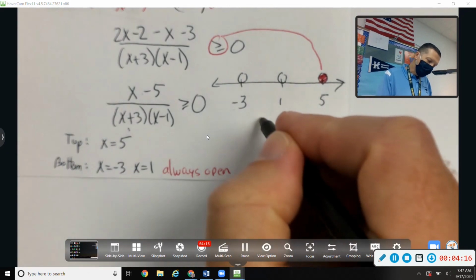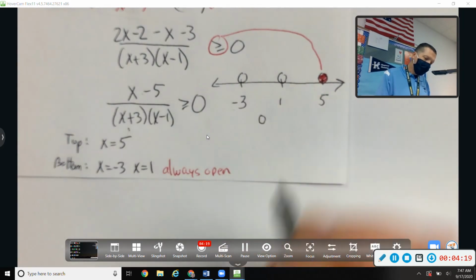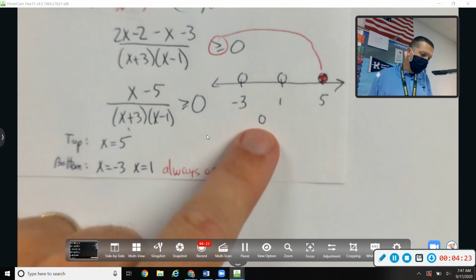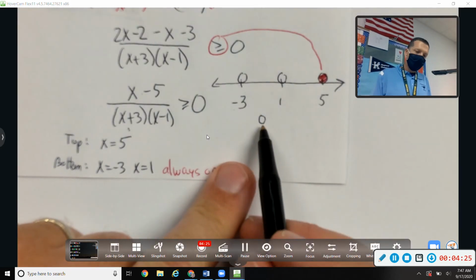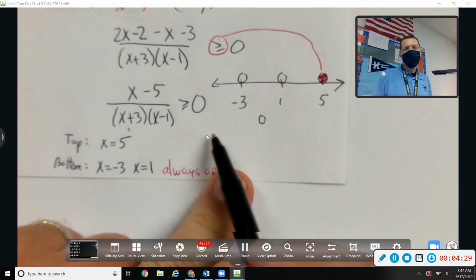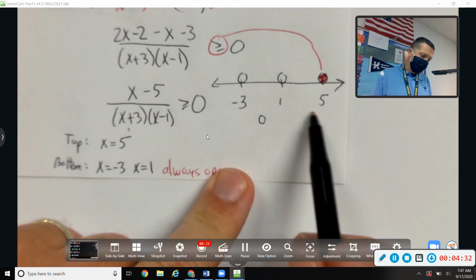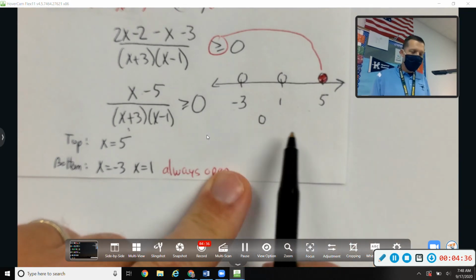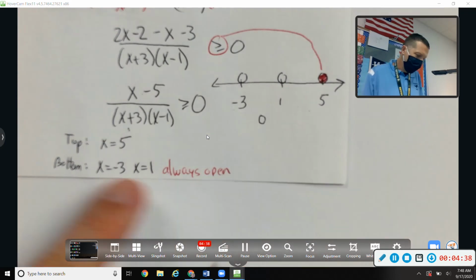All right, I'm rushed for space and for time, so I'm going to do the alternating rule and trust it on this one. So I'm going to plug in 0. Again, 0 is a great number to test, but make sure you have it in the right interval. I was grading tests last night, and there were some people who put 0 in the wrong spot. So I'm glad you want to test 0, but you got to put it in the right interval.